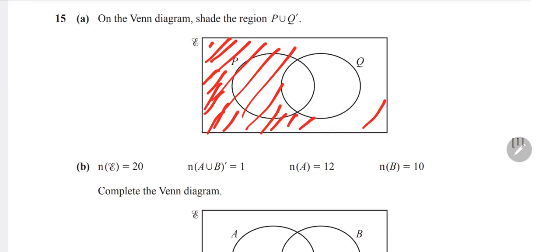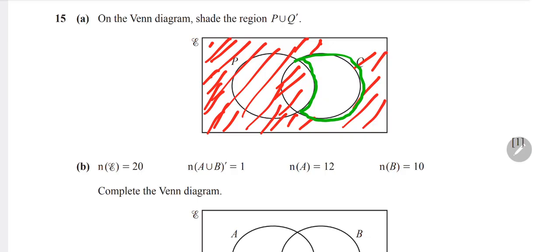I will make a separate video for sets which will help you, but now we use only this portion. As I said, do not shade this part. We avoid shading this region, because this part is Q dash. The rest of this green portion you can shade. Okay, that is the answer of P union Q dash.